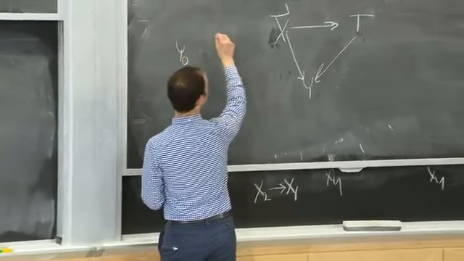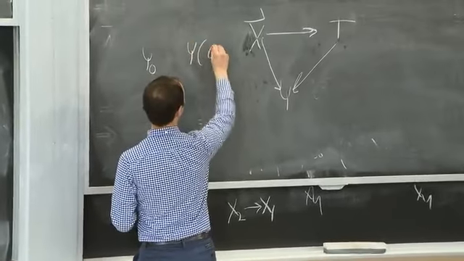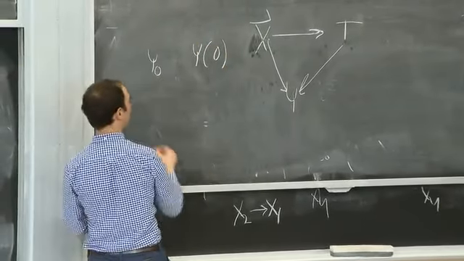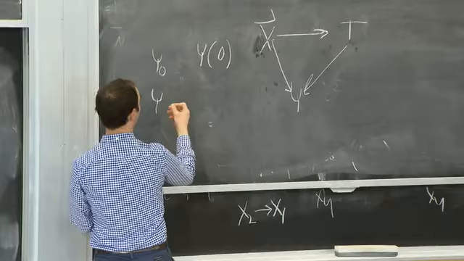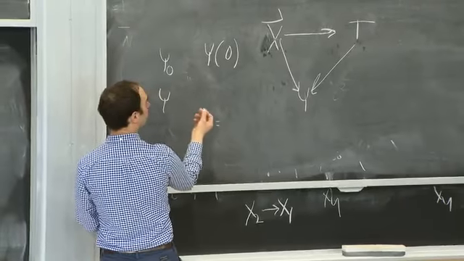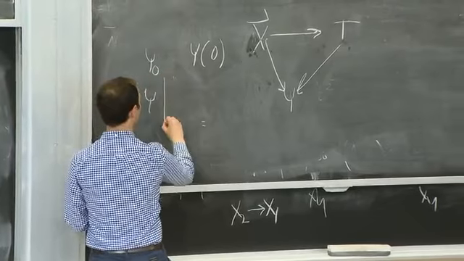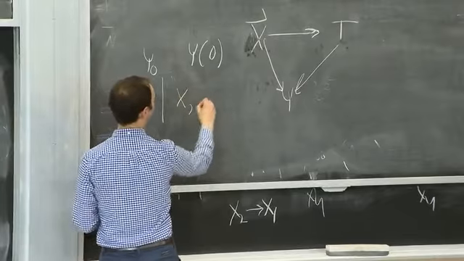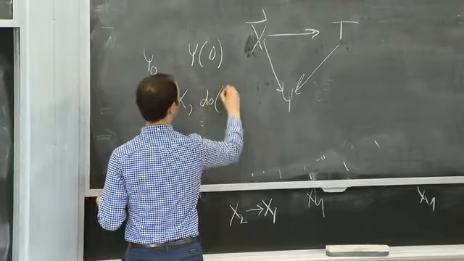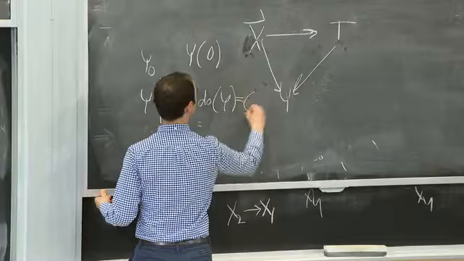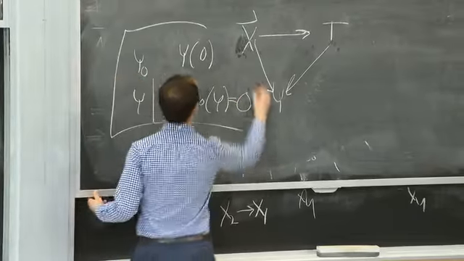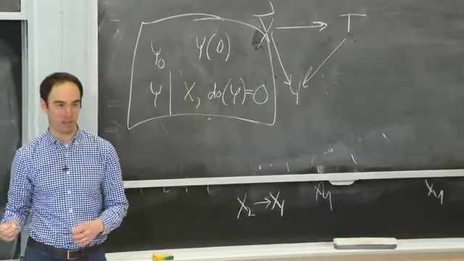Sometimes it'll be denoted as y parentheses 0. And sometimes it'll be denoted as y given x, comma, do y equals 0. And all three of these notations are equivalent.